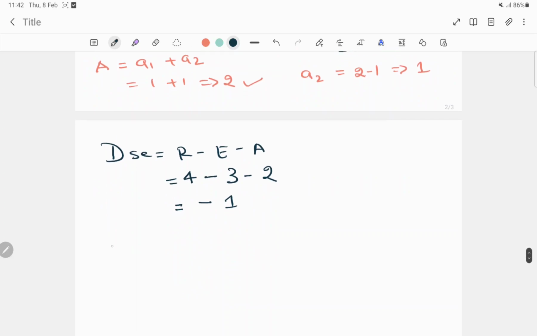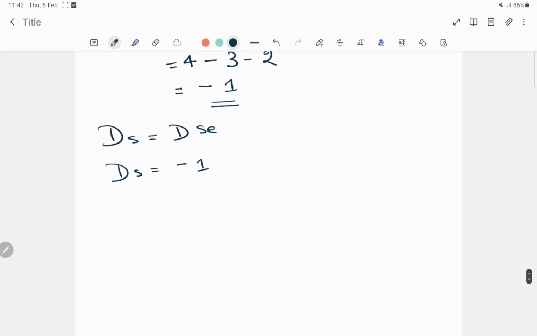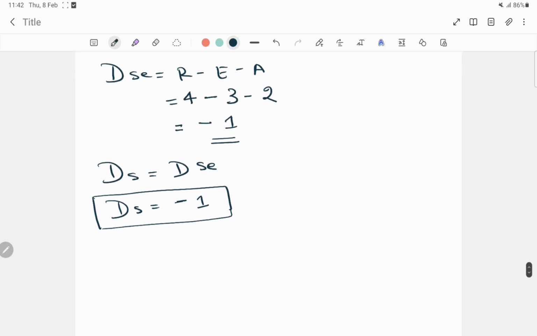We know that DS is equal to DSE, so the value for DS is minus 1. So we can say that the degree of static indeterminacy for this type of beam is minus 1.